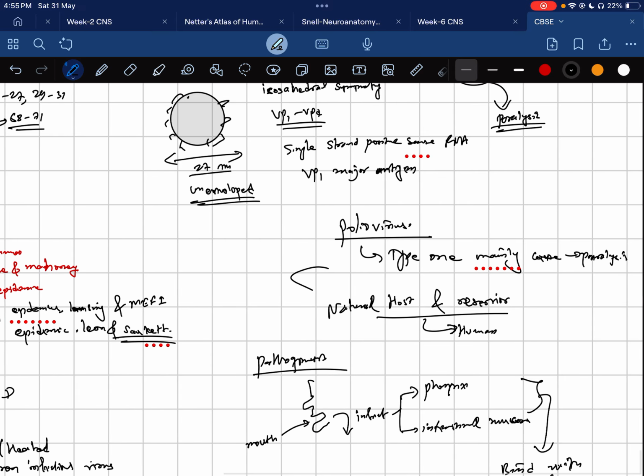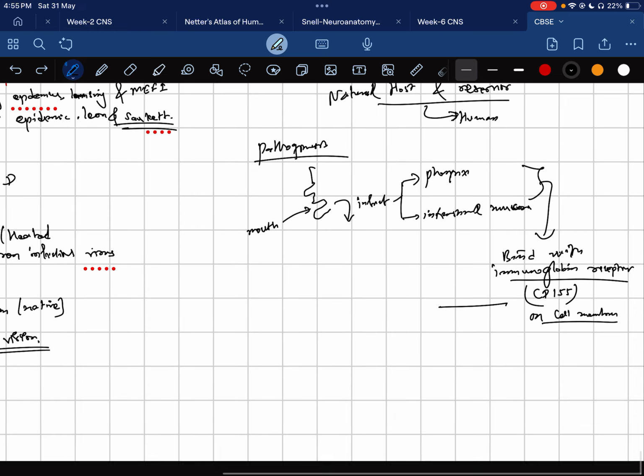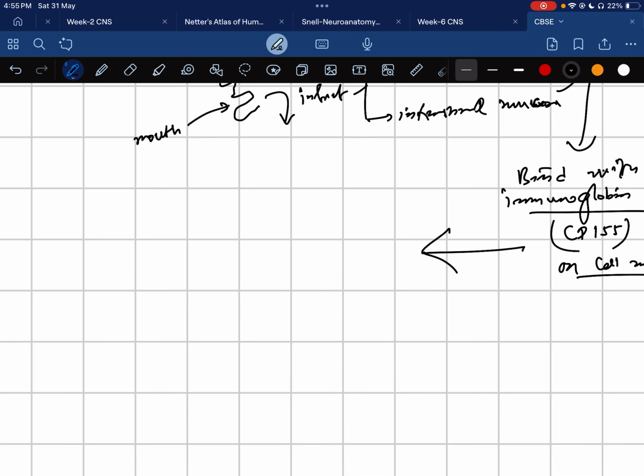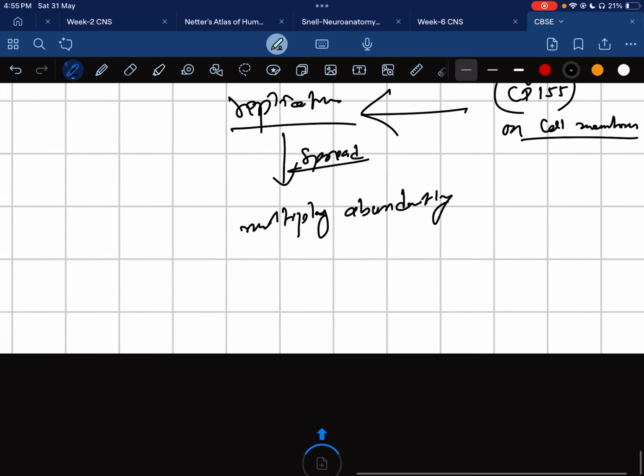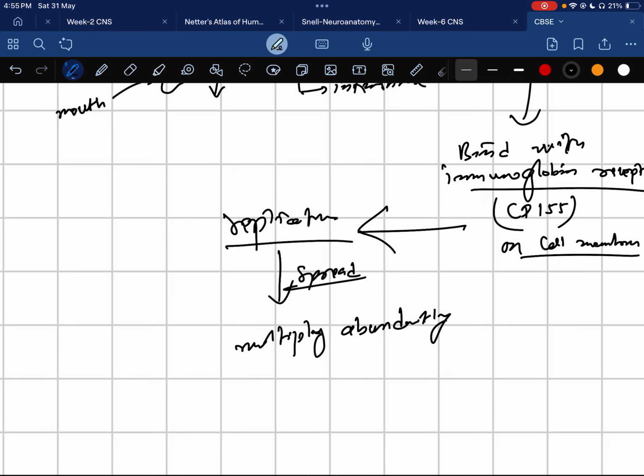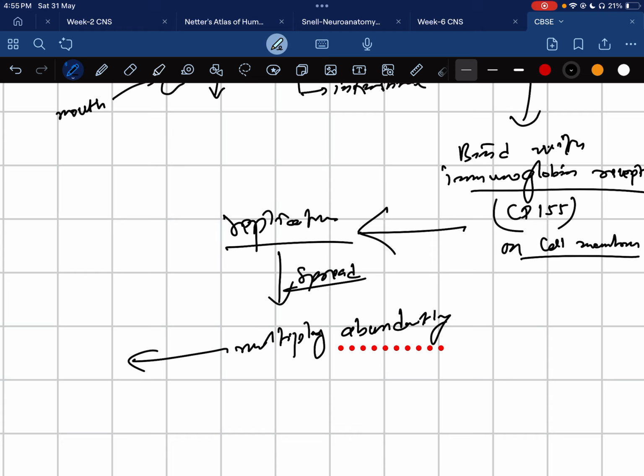It starts replication, then spreads to the tonsils and intestinal lymph nodes and deep cervical lymph nodes, where it multiplies abundantly. It also goes to other organs and multiplies, and then it is absorbed into the bloodstream.